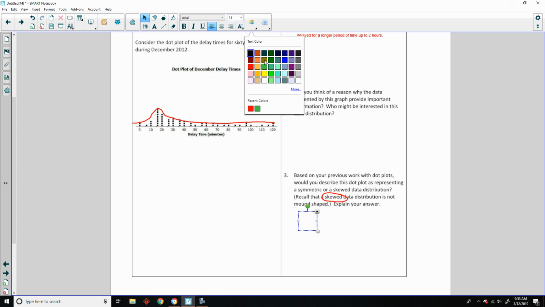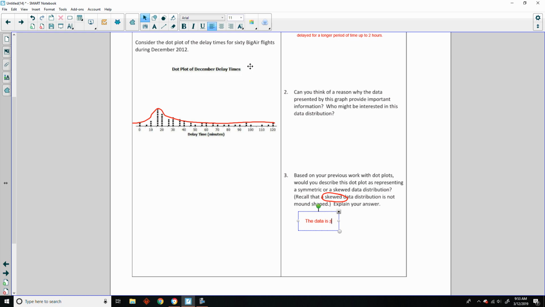I would say the data is skewed because there is a tail of data to the right. Okay, so the data is skewed.